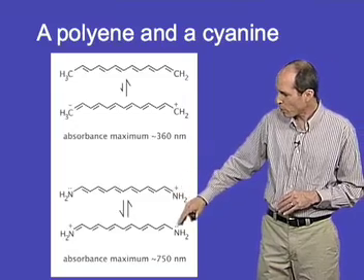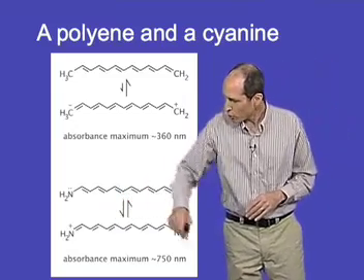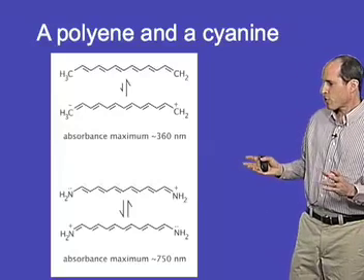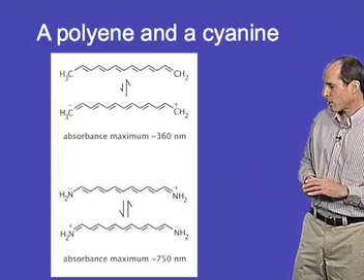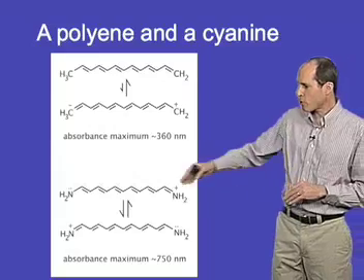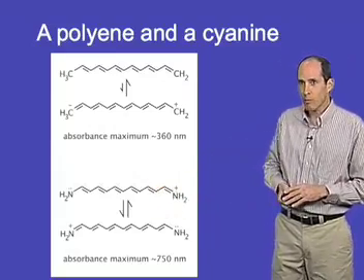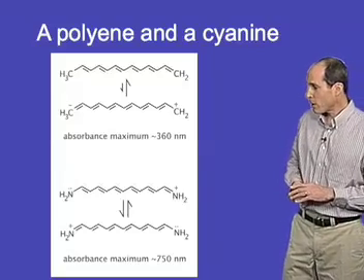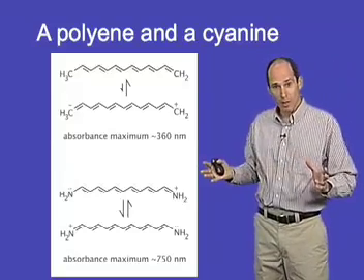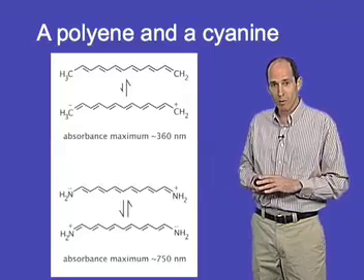Now the free electron pair is at the right, the positive charge is at the left, but everything else is the same in chemical terms, and therefore these two must be equal in their energies and therefore equally likely to occur, and therefore the pi electrons are maximally delocalized in a cyanine type compound.